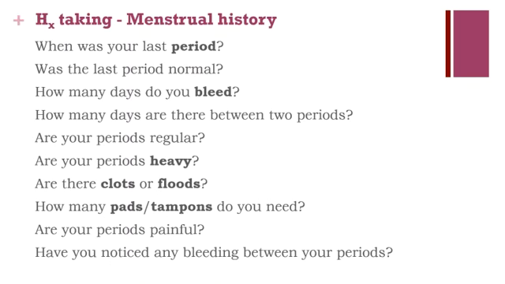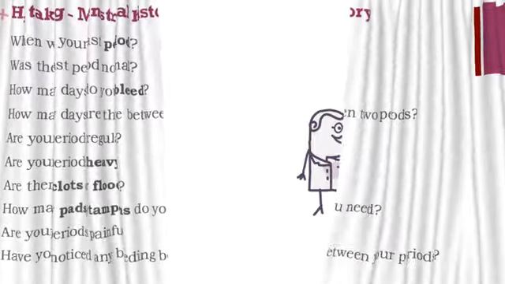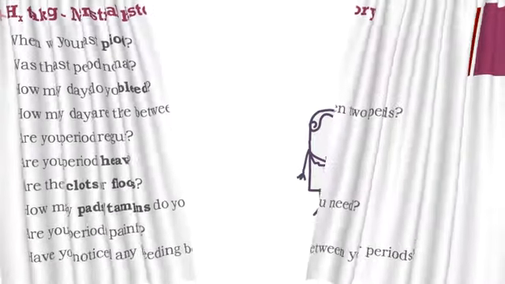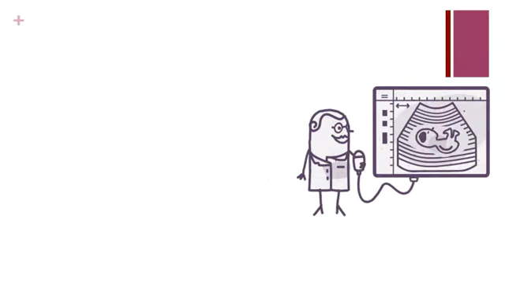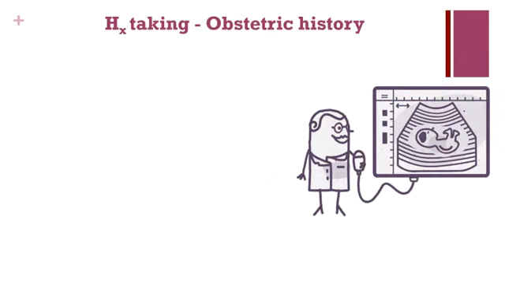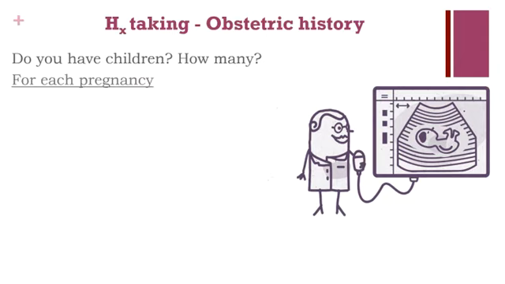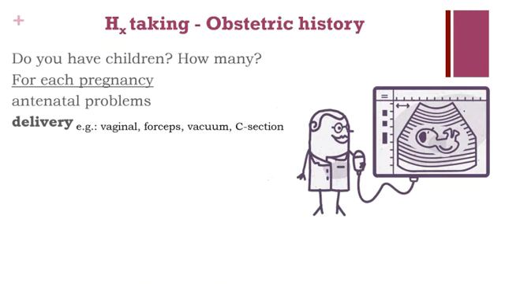Let's have a look at the questions. Do you have children? How many? For each pregnancy, antenatal problems, problems around delivery, like was it a vaginal delivery, forceps delivery, vacuum delivery?